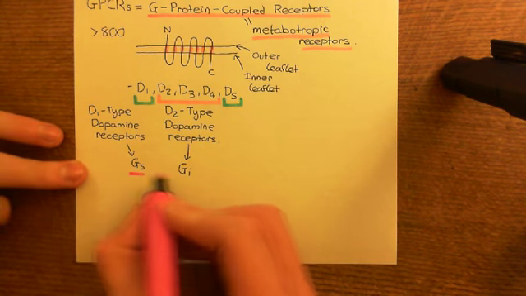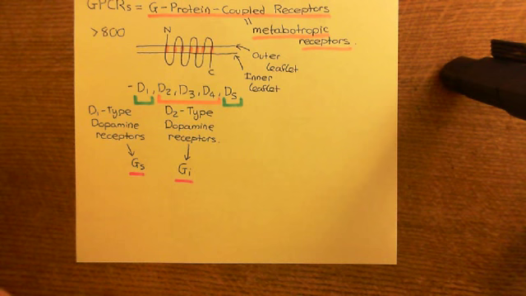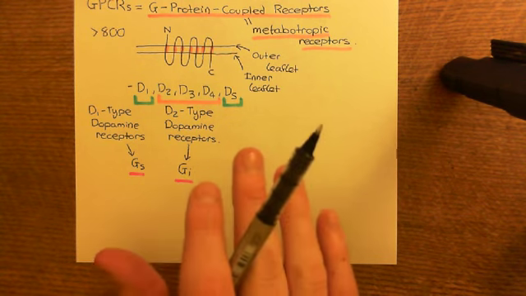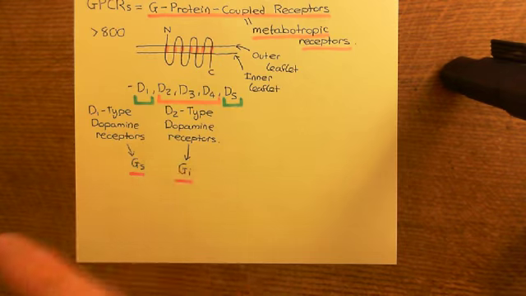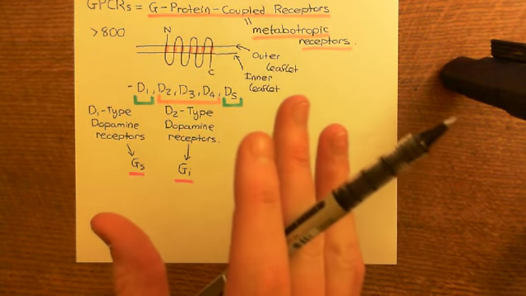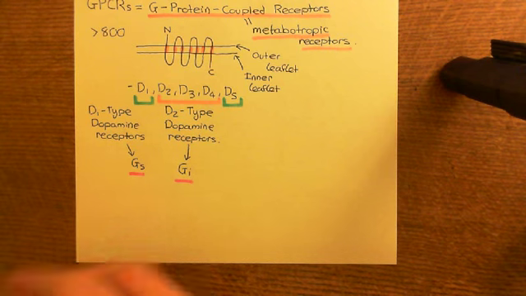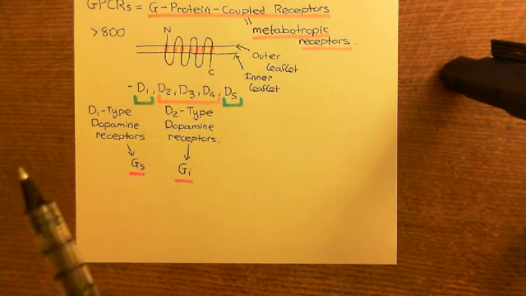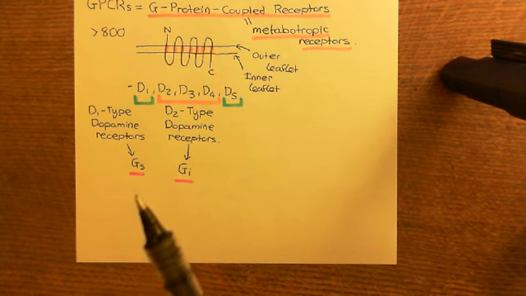So very different pathways. Dopamine receptors are completely different from the receptors for glutamate and GABA used at the classical idea of a neurotransmitter synapse.